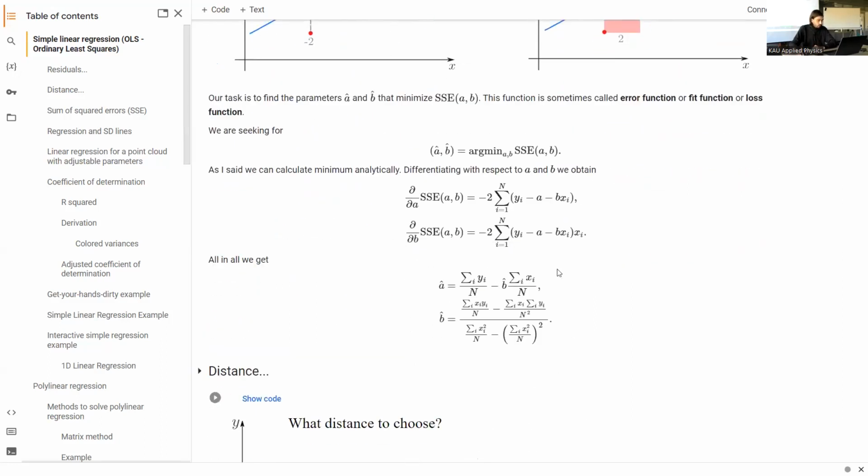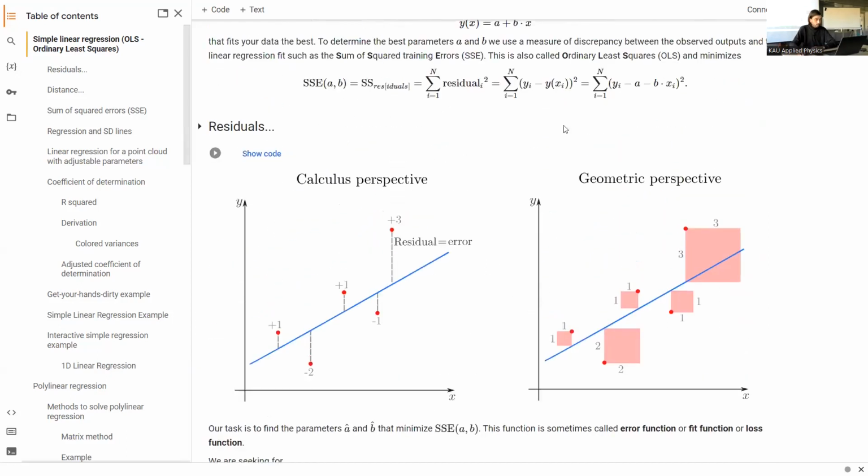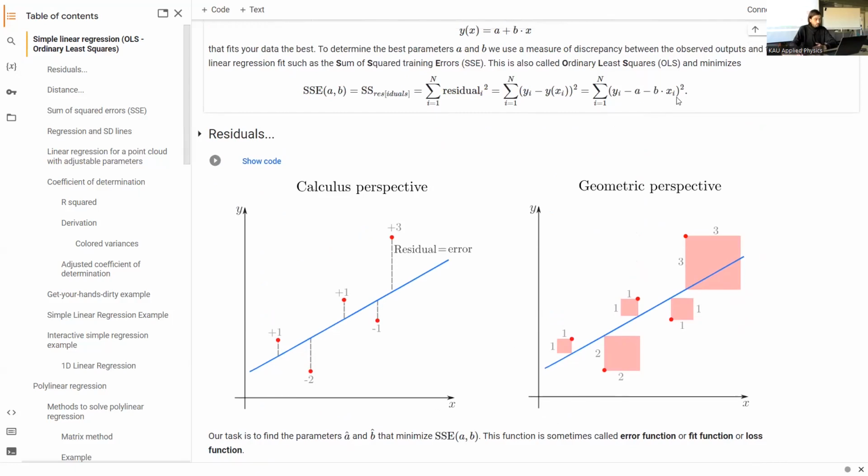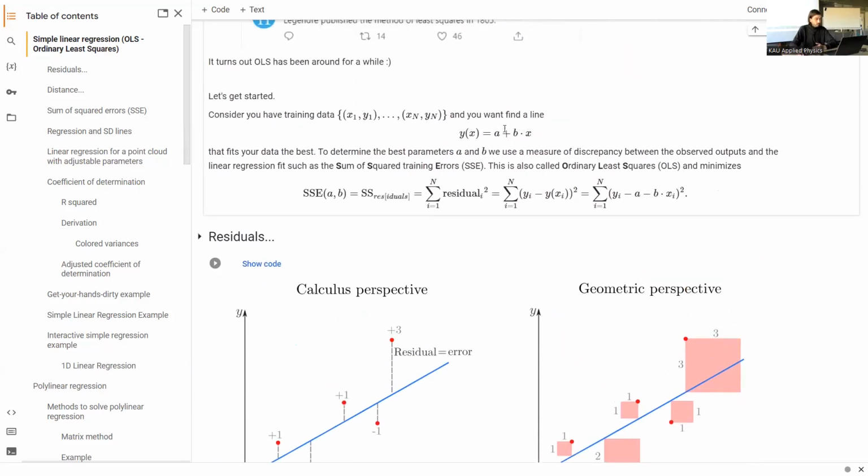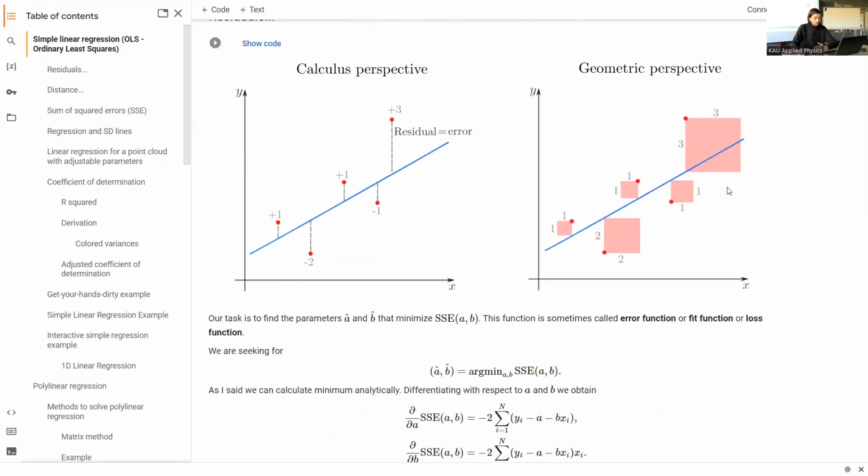Okay, not getting too deep inside, you probably have seen in calculus that you can take this SSE formula and say, okay, I have my xi, yi fixed. I know them, it's measured data, and I want to get these parameters a and b to get my line of regression, a plus bx, so that I can draw it, because if I don't know the parameters, I can't draw any line.